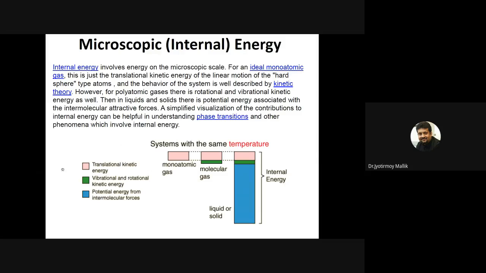So this is only translational kinetic energy for a monoatomic gas, vibrational and rotational kinetic energy for a polyatomic gas, together with translational kinetic energy. And then if it is a solid or liquid, it will have an added potential energy for intermolecular forces, okay.